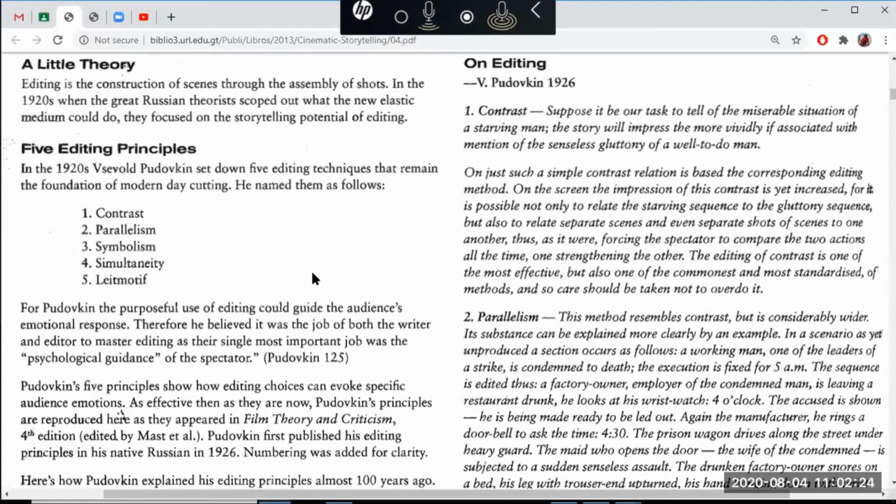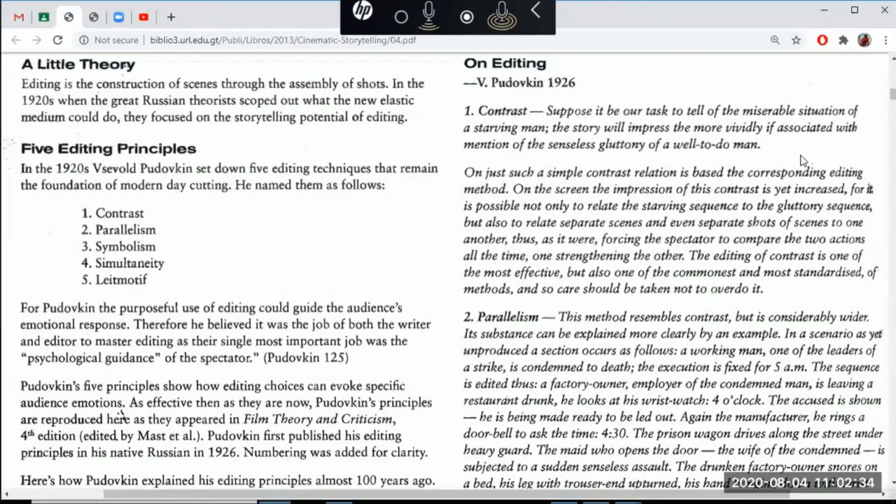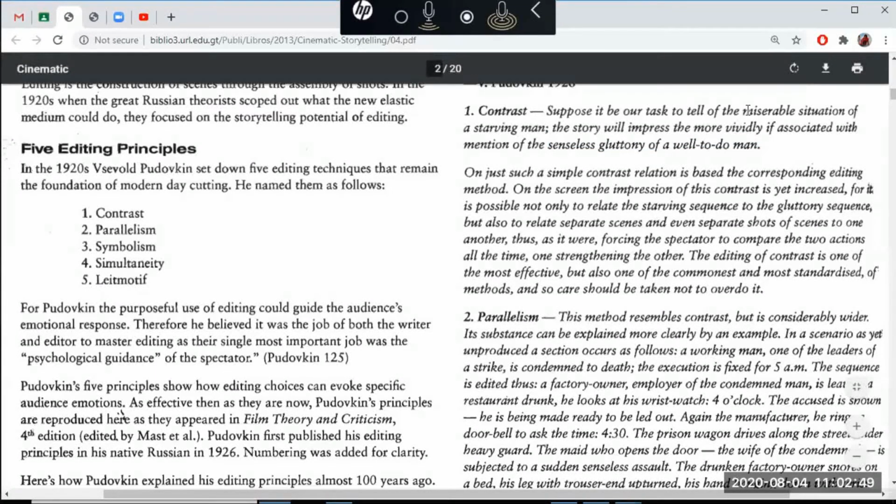So it says that contrast is supposed to make us understand the miserable situation of one and the impressive situation of another. So it creates the senseless gluttony of a well-to-do man against the miserable situation of another.